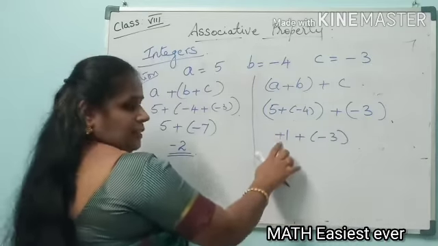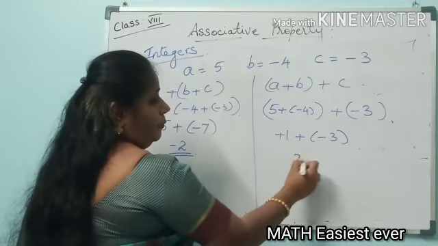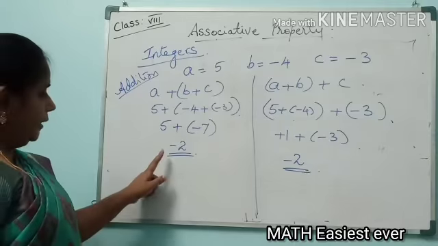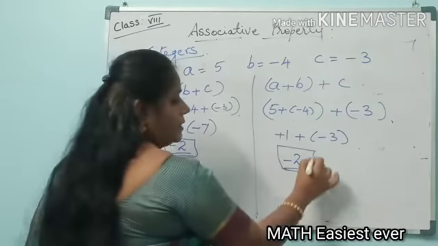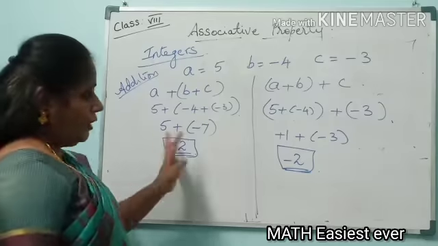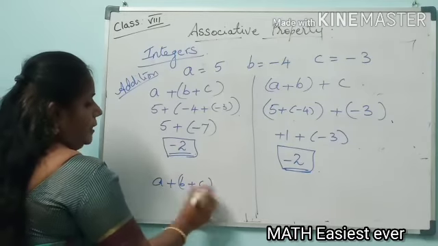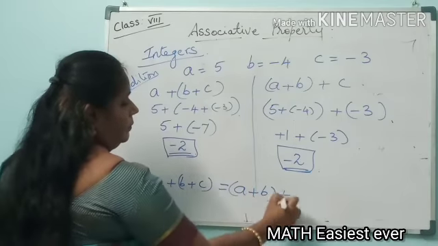Now one positive integer and one negative integer, we have to subtract and put the greater number's sign. So what answer did you get here? Minus 2, and here also you got minus 2, which shows that (A plus B) plus C is equal to A plus (B plus C).